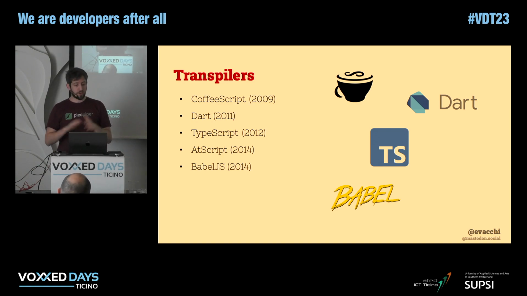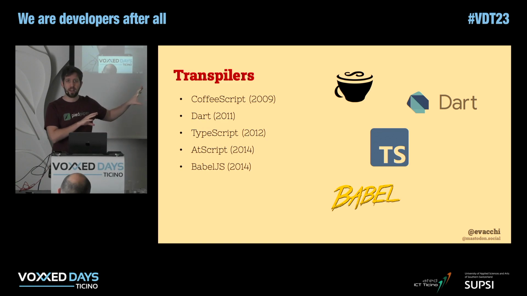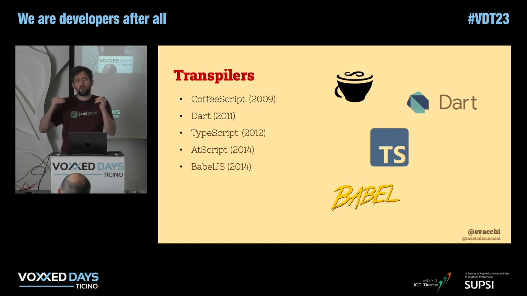AtScript was folded inside TypeScript, and at the beginning was an experiment, also by Google. And Babel.js, you probably know, because it's a transpiler that, while the others are different languages, or at the very least extensions to JavaScript like TypeScript, allowed you to write using a later version of JavaScript and then translate that into an older version so that you could run it on any browser, even if it didn't support the latest and greatest.